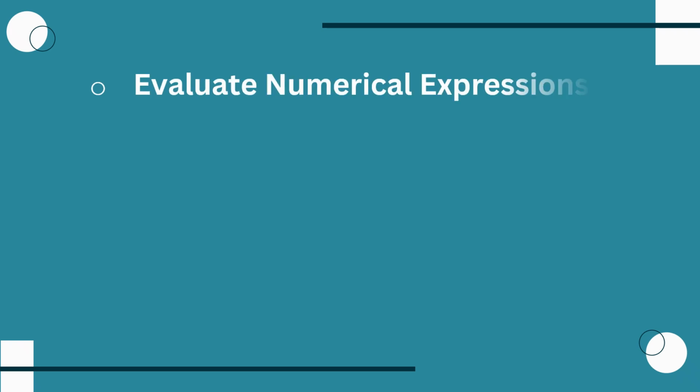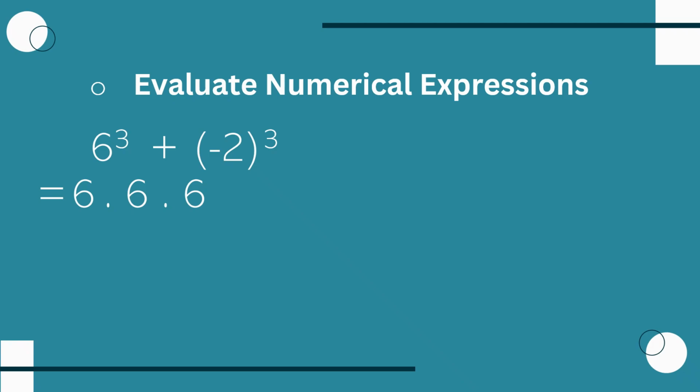Okay, let's study the following examples. Evaluate numerical expressions. So 6 raised to the exponent of 3 plus the quantity negative 2 raised to the exponent of 3. So let's make these expressions into numerical products. So we have 6 times 6 times 6 plus the quantity of negative 2 times the quantity of negative 2 times the quantity of negative 2.